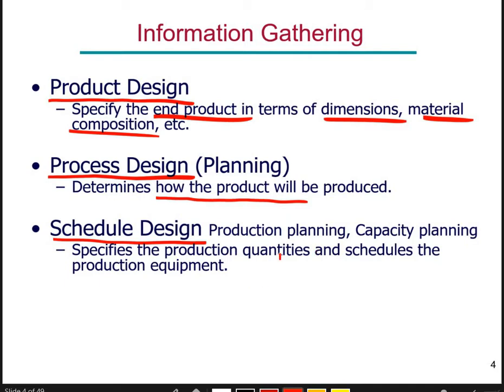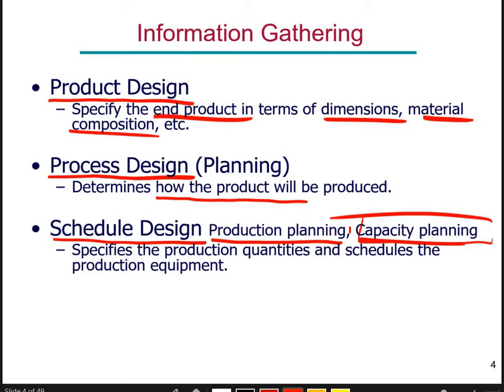And from the schedule design, we will be getting the information of the production plans, the capacity plans. These are obtained from the schedule design, especially, for example, in capacity planning. We will be identifying how many machines we need, and then we will be placing those machines in our facility.